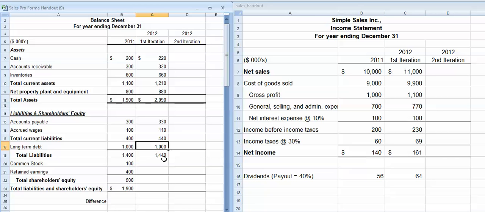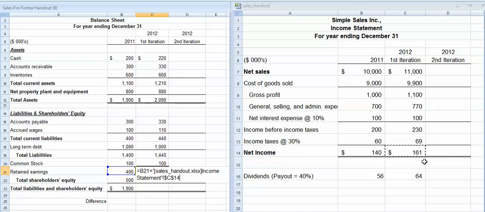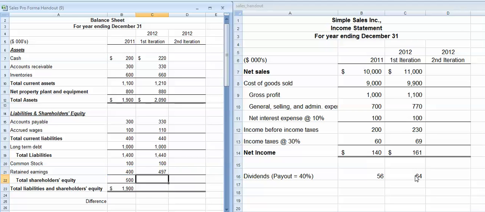We have to actually go out and borrow money if we want to increase our long-term debt. The same is true about common stock. When sales go up, common stock just doesn't magically increase, so we'll leave it at $100. Our retained earnings, remember, will be equal to our beginning retained earnings, which was $400, plus our net income of $161 minus $64 in dividends.